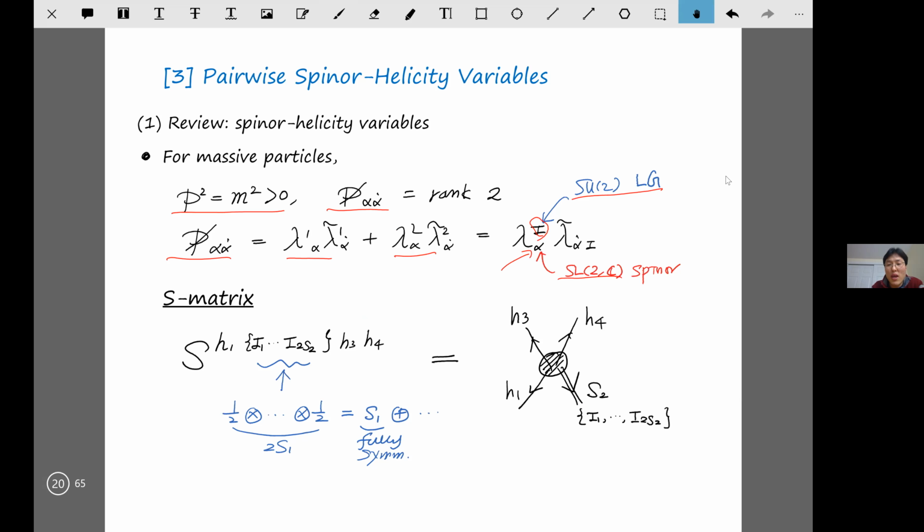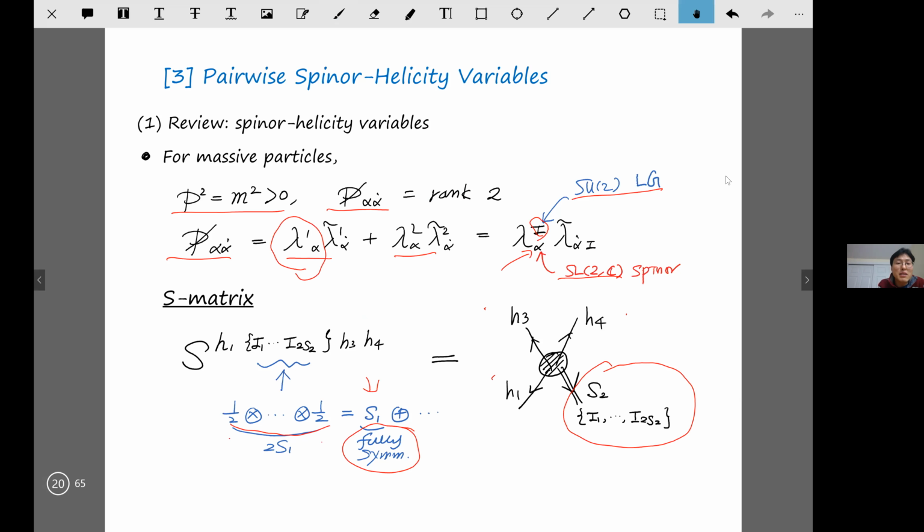Okay, so now if we have an S matrix or process with 3 massless particles and 1 massive particle, say with spin S, we know how to construct the spin S representation out of spin half representations. Remember, each lambda is a spin half representation. So I can do the products, first of all, construct the product representation, and then the fully symmetrized part of that is the spin S representation.